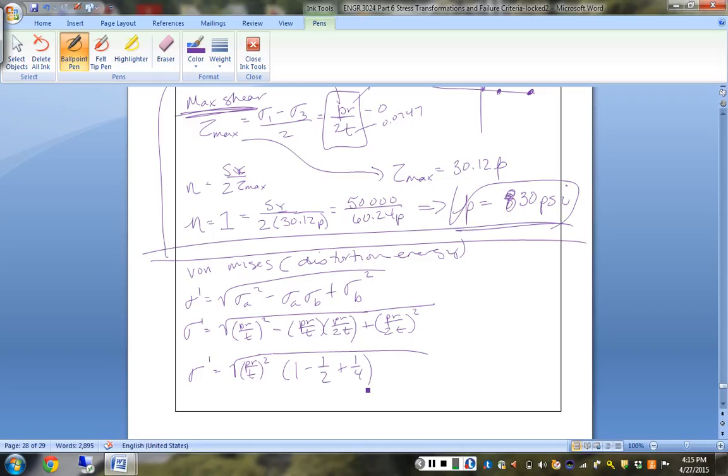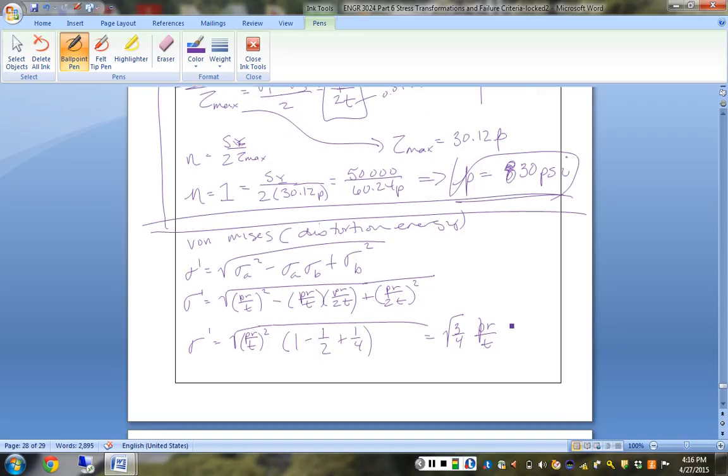PR over T quantity squared leaves a minus a half there, and squaring a half is a quarter, so plus a quarter there. Just a little bit of algebra magic. So we can take the square root of PR over T squared, and we get 3/4 still under the square root, and PR over T out from under the square root. So that's the von Mises stress.